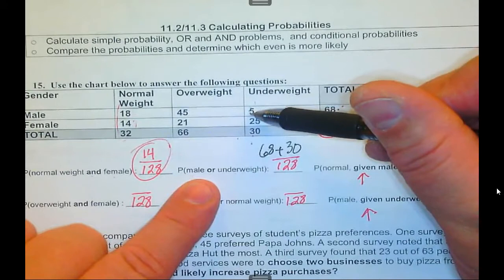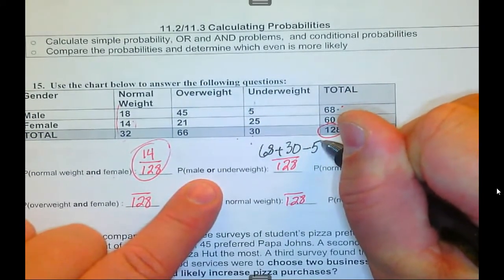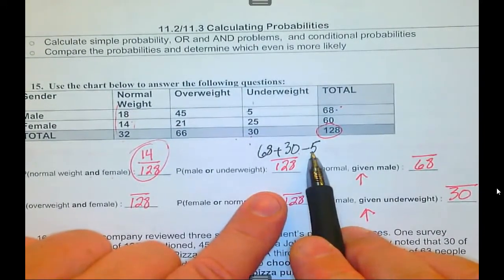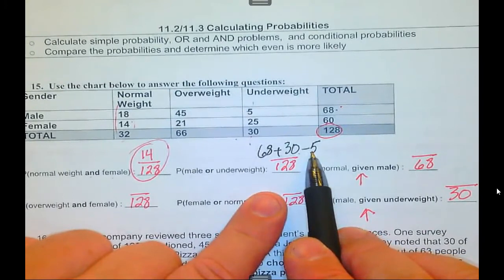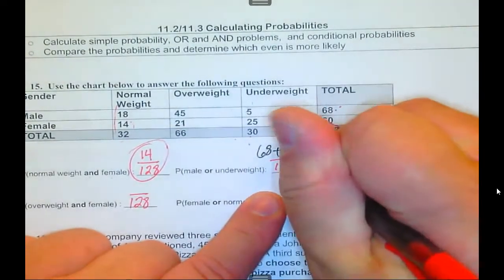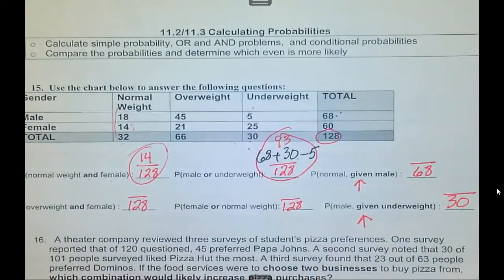The 5 we counted twice, so we're going to have to subtract that 5. With me? So I have 98 minus 5, 93. 93 over 128. Yes. Okay.